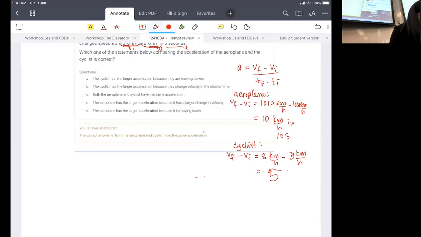Apologies, I'm using my finger. This is what works.